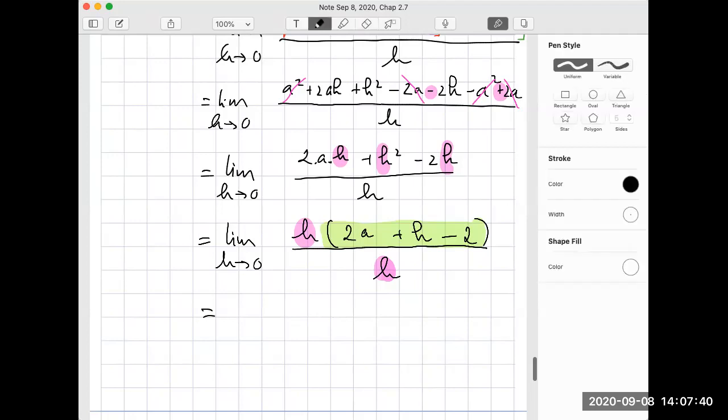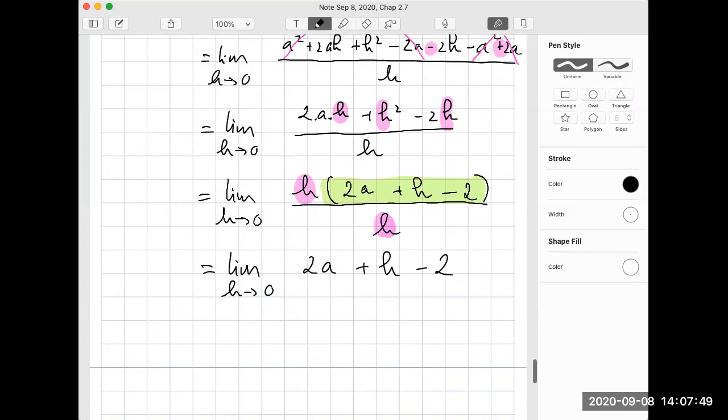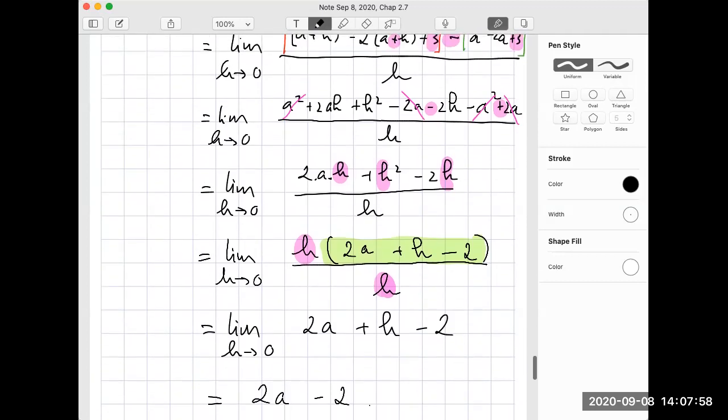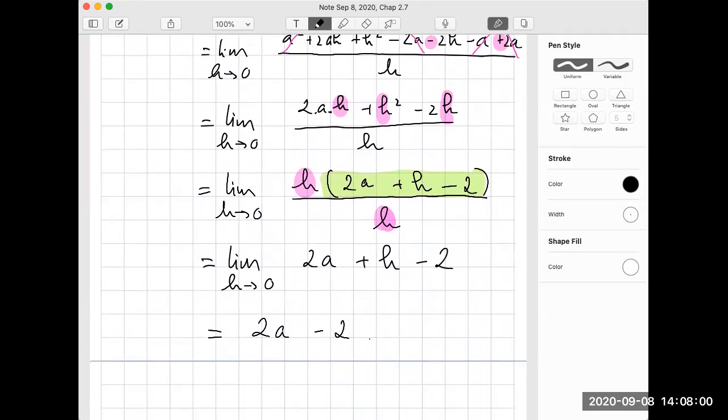It is limit when h approaches 0 of 2a plus h minus 2, and it becomes 2a minus 2. So we have that the derivative of the function f at a is this guy. Okay? Is it clear? Very good.